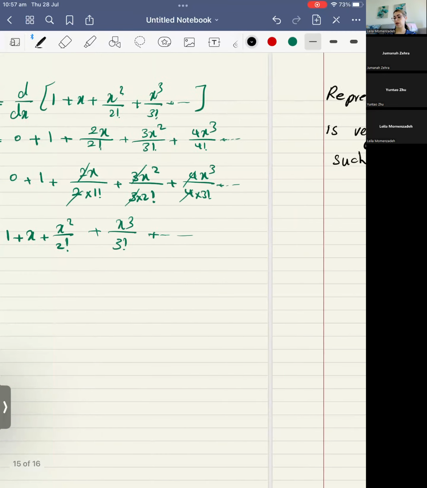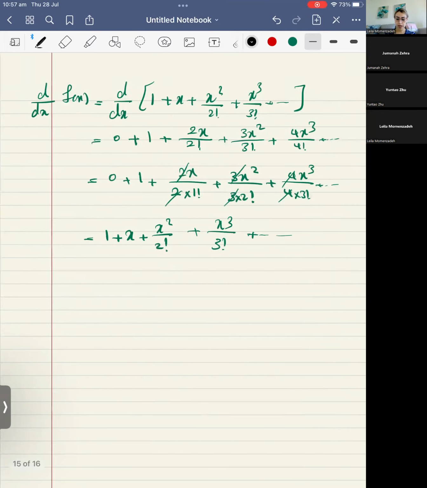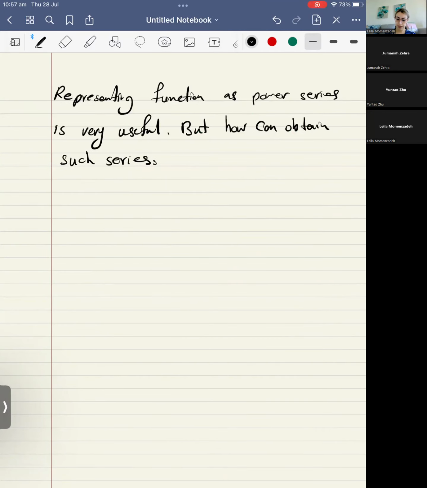You know, I write this function, but how can we check that e to the power x is equal to this function? How can we obtain such a series?